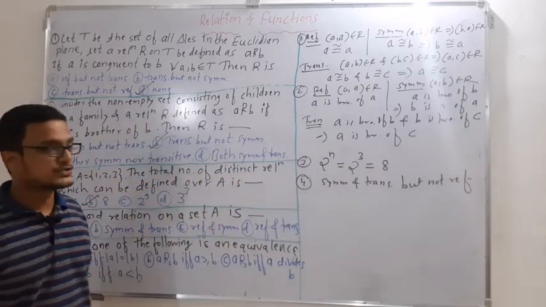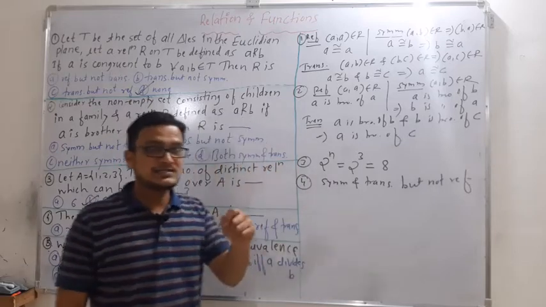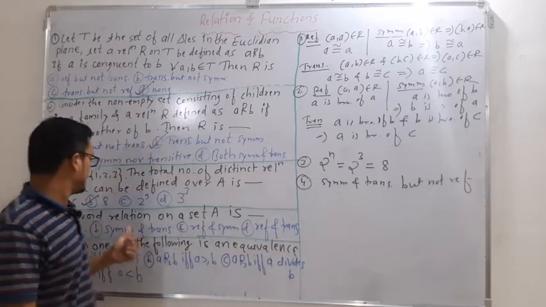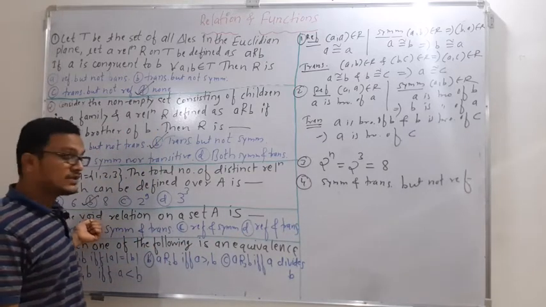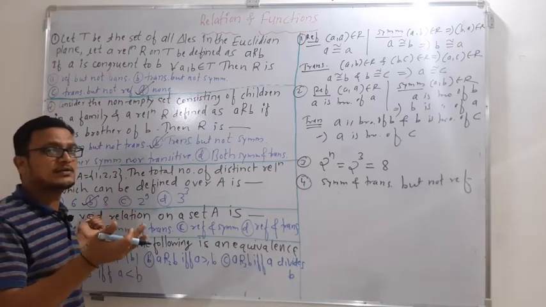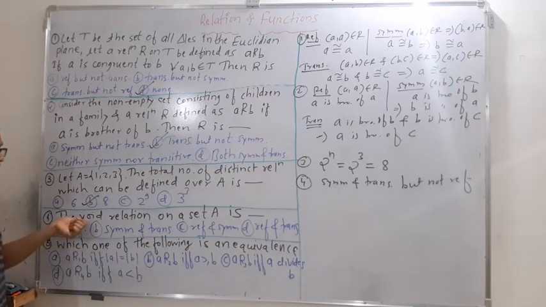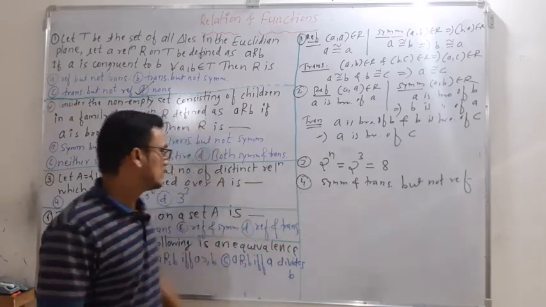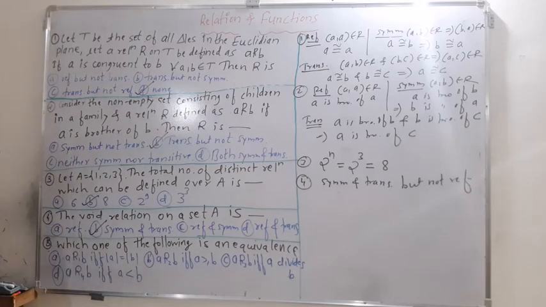Why is it not reflexive? Because to define reflexive, we must have that each element is related to itself, right? But in this case it is a void relation, therefore there are no elements in this relation, so you can't relate any element to itself, right? Therefore this relation is not reflexive but it is symmetric and transitive. So I think option B will be correct in this.